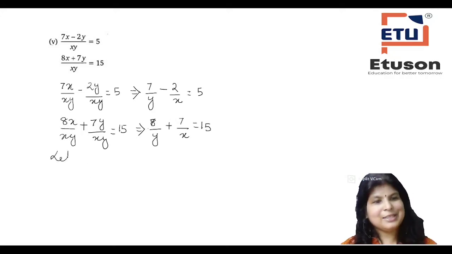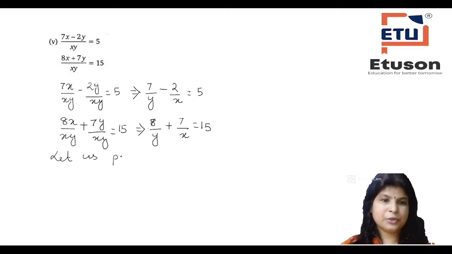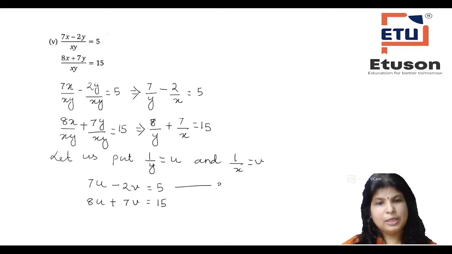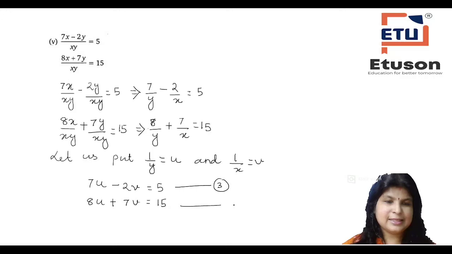Now, as usual, let us put 1 by y is equal to u and 1 by x is equal to v. So what will be your equation now? It will be 7u minus 2v is equal to 5. Then 8u plus 7v is equal to 15. So this is your equation 3 and this is your equation 4.